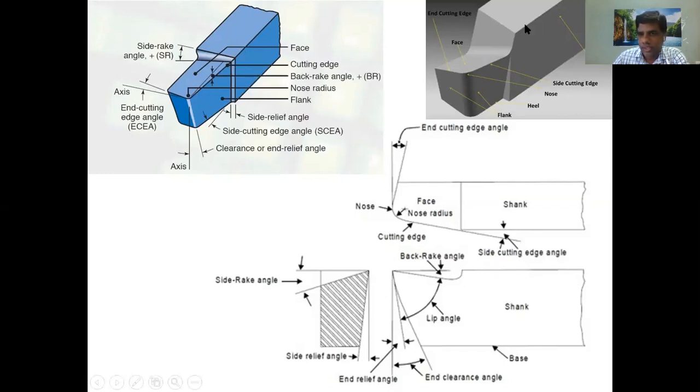Normally we provide some kind of inclination, which you can see in the top view. This is the primary cutting edge, the side cutting edge, and this is the end cutting edge. This side cutting edge is not in line or parallel to the shank of the cutting tool. You give some kind of inclination, and this is called a cutting edge angle.